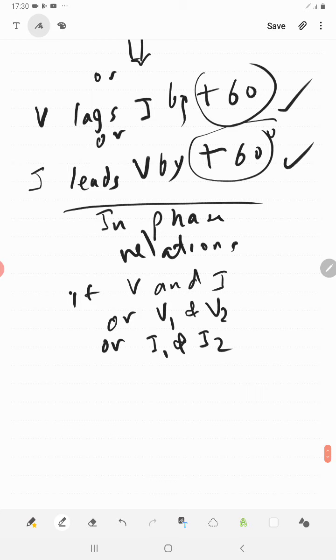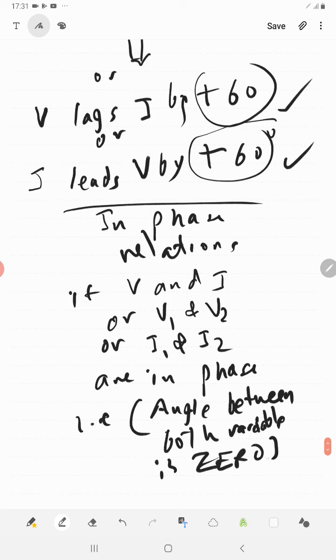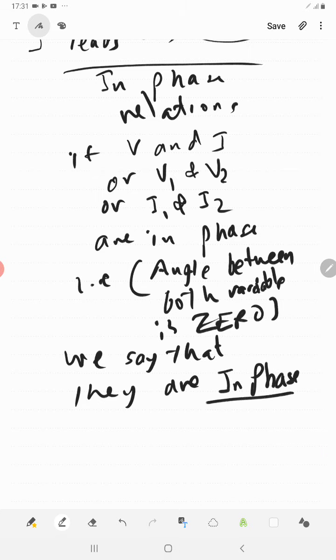Okay, in general, if V and I are in phase, i.e., the angle between both variables is 0, we say that they are in phase. What does it mean by in phase?